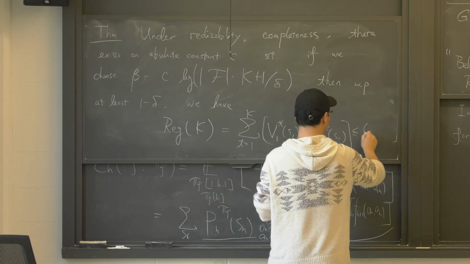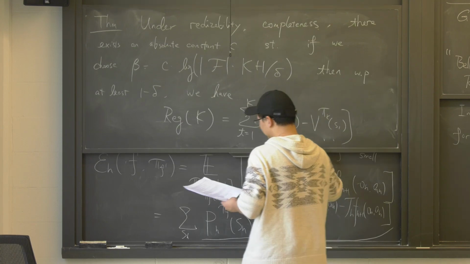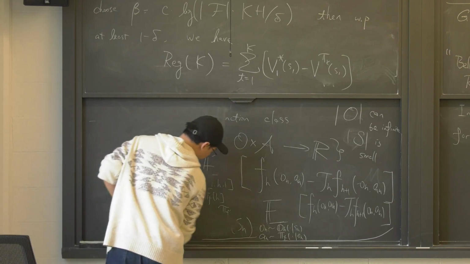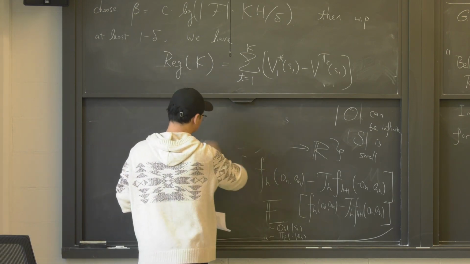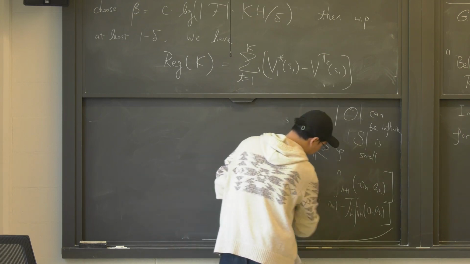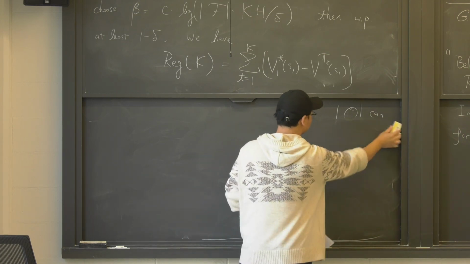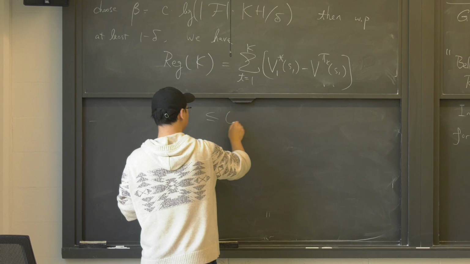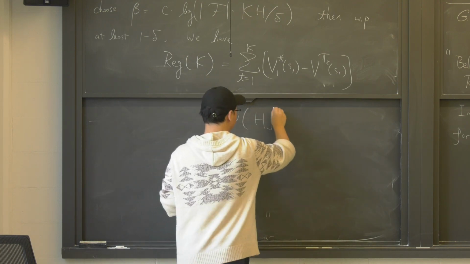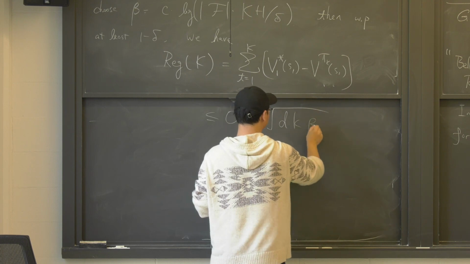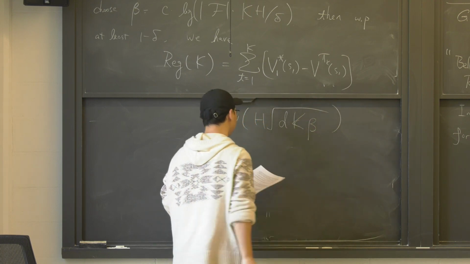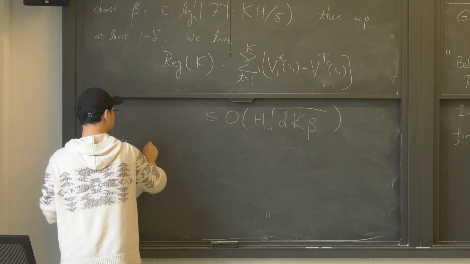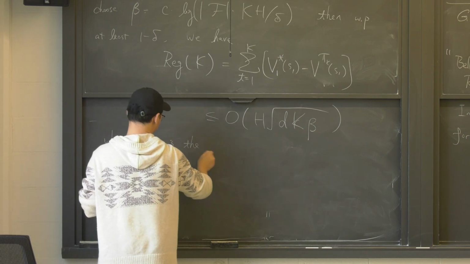This is upper bounded by O, H times the square root of d K beta, where d is the Bellman rank of F.